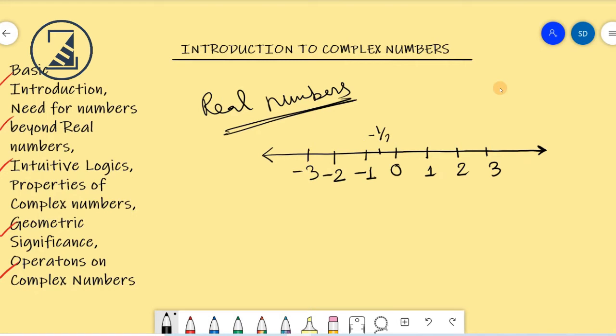This is minus half, which is also a rational number, and we can find irrational numbers here on the real number line. So this is more or less a representation of the real number line, and we represent the set of real numbers by this notation. This is the set of all real numbers.